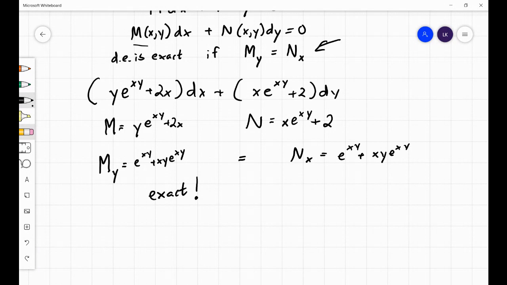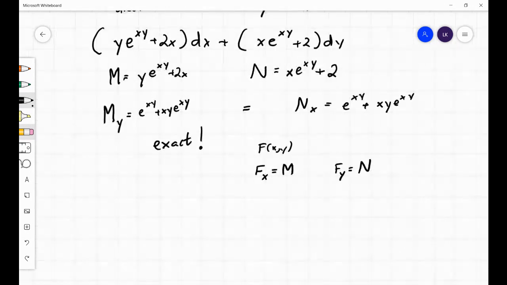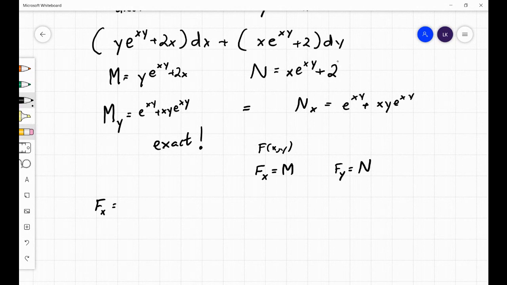And so now the idea is that we hope to find some function of x and y such that the derivative of that function with respect to x is our m, and the derivative of this unknown function with respect to y is the n. So we're just going to take m and set it equal to the derivative of this unknown function f with respect to x.